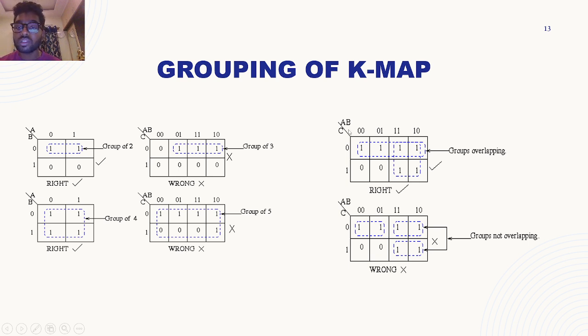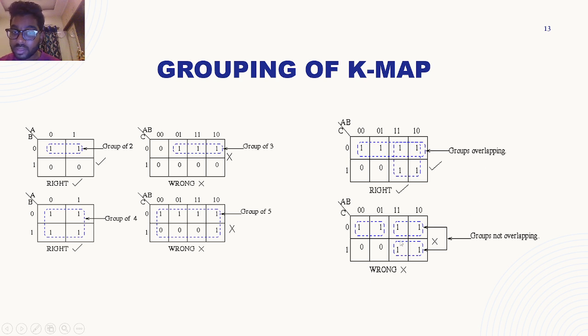Here you can see a three variable grouping, and here you can see another situation where there is 1 1 1, a four grouping is possible here, and similarly, overlapping, there is another four grouping possible. So this way is possible.